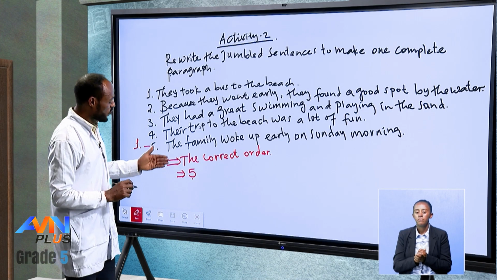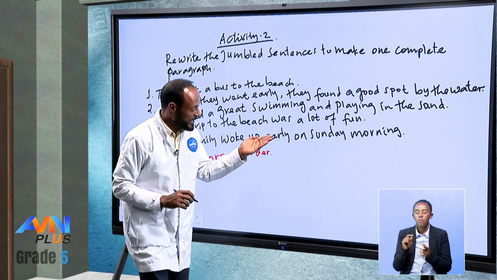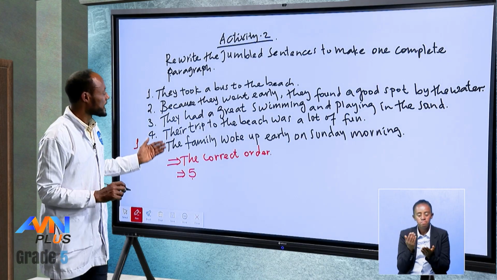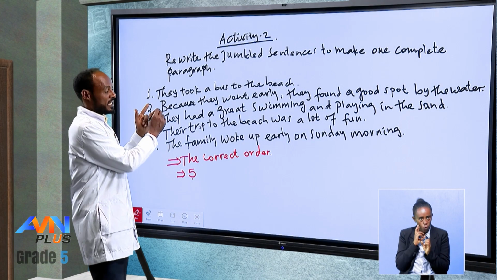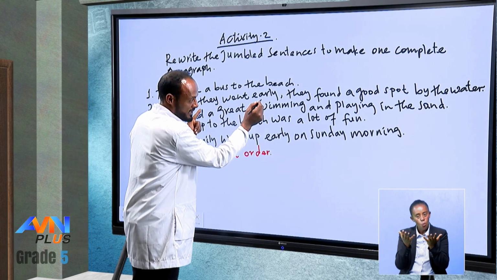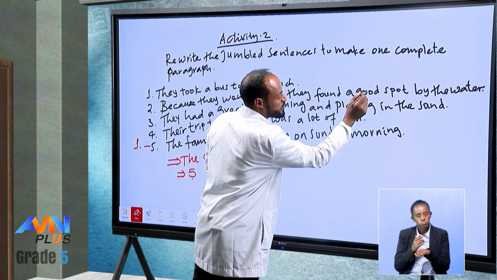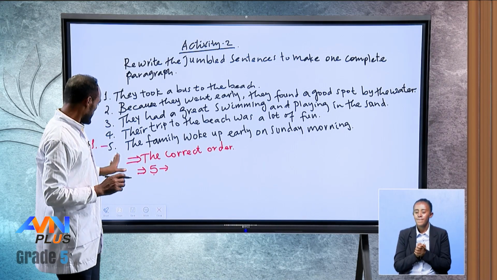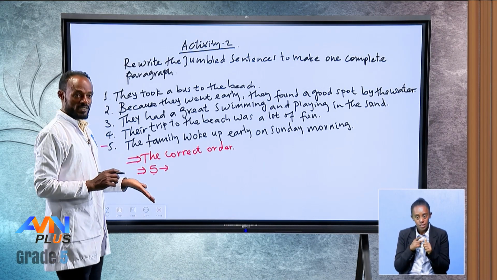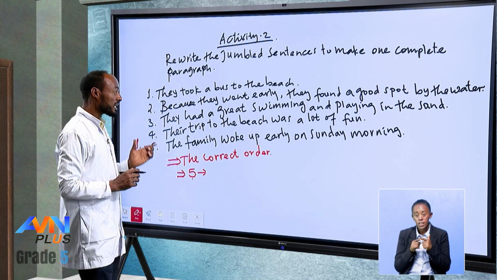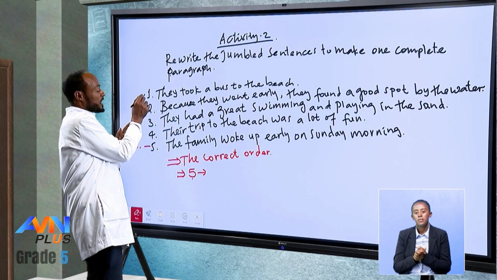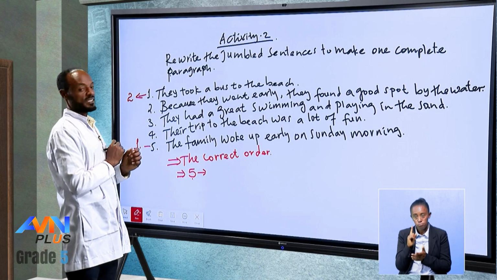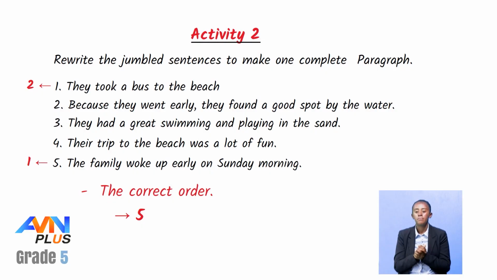Then the second one, the family woke up early on Sunday morning. Okay students, the first one is this one. What about the second? The second one will be number 1.